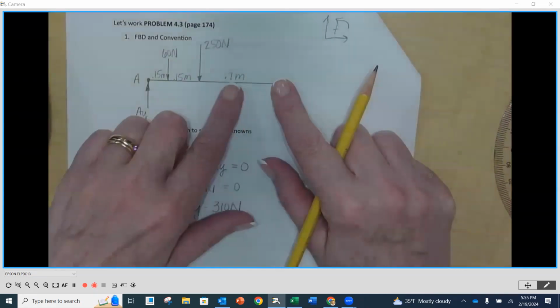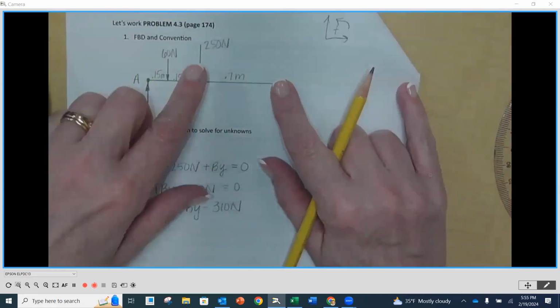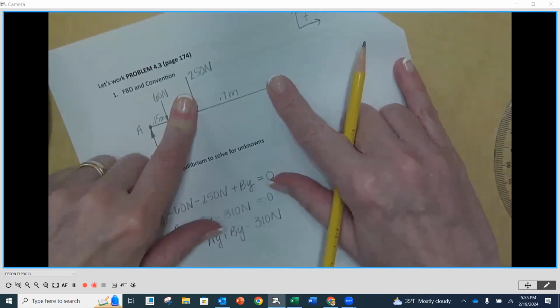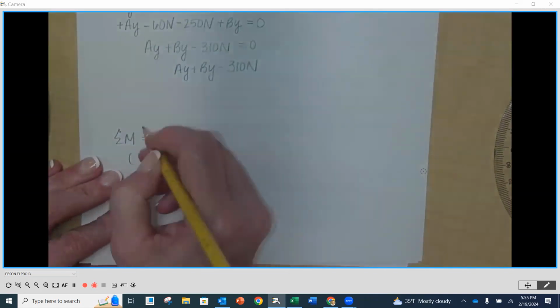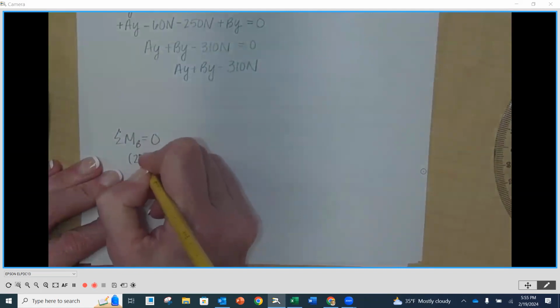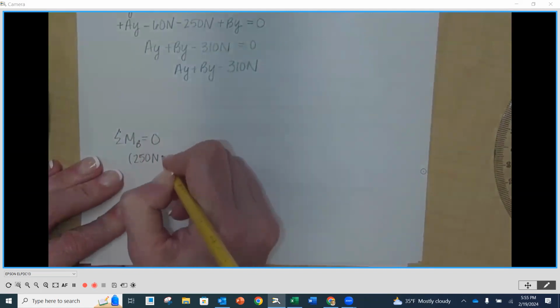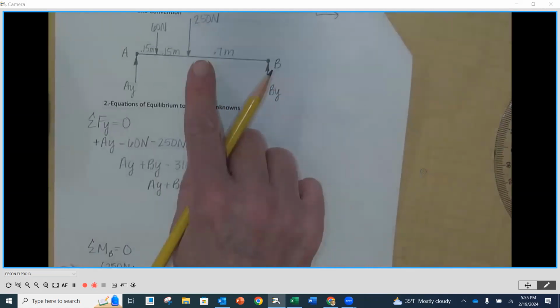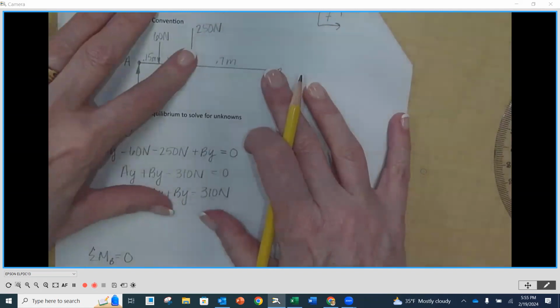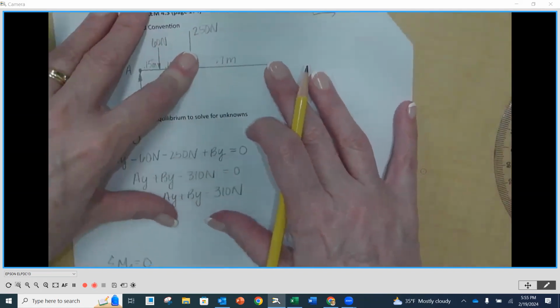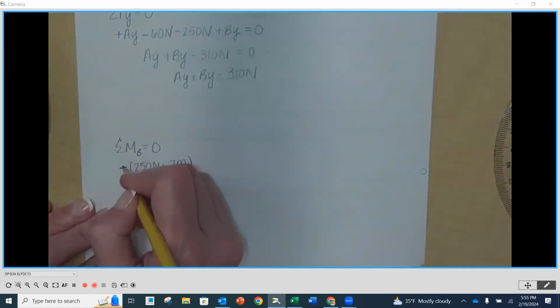And I'm going to start from the right and I'm going to work to the left. So 250 is my value. It's going to cause rotation. And I'm going to do around B, 250 newtons times perpendicular distance is 0.7 meters. And the direction of rotation is positive, so put a positive out front.